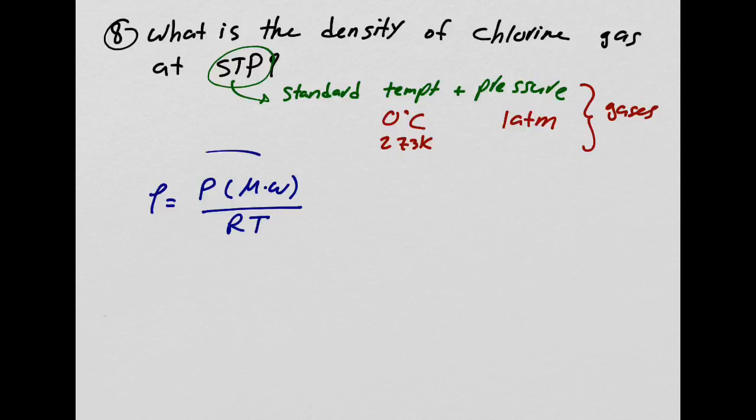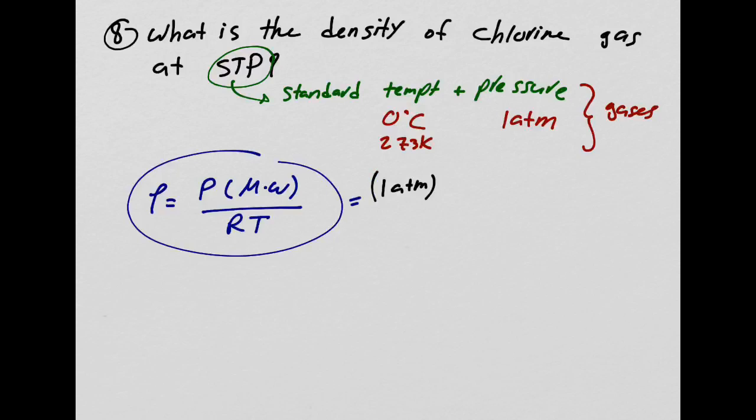It's a good formula to know. You can derive it from PV = nRT, but it's easier if you just know this formula. Density of gases is pressure times molecular weight over RT. Okay. What is my pressure here? It is 1 atm because it's STP.